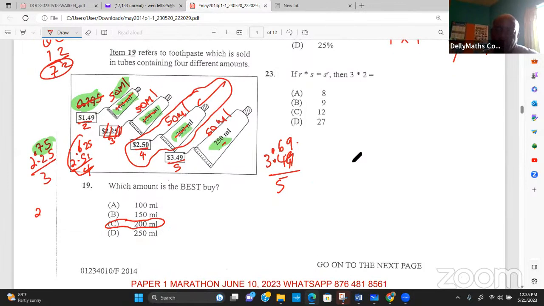All right, it says if R asterisk S means S raised to the power of R. So then 3 asterisk 2. Now let's do a quick substitution. So they're saying R asterisk S is S raised to the R. So if I set up 3 asterisk 2, as you could see, it's gonna be 2 here because the R is 3 and the S is 2.